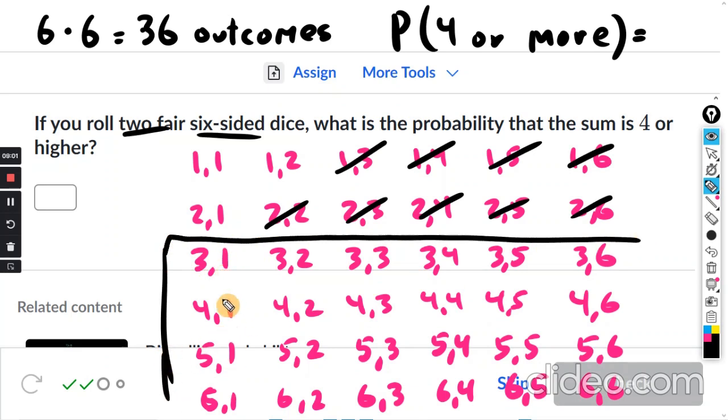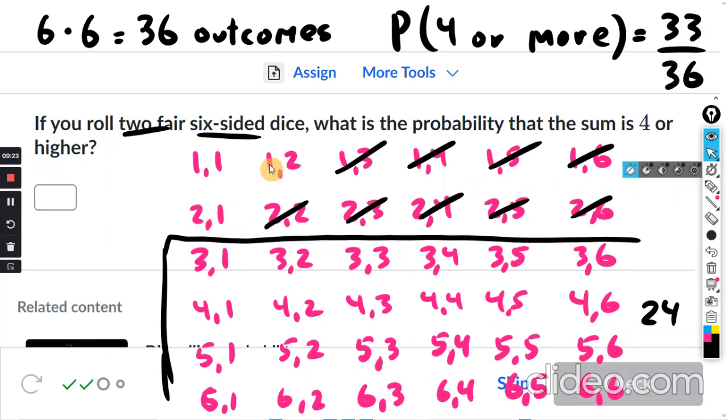Okay, so this is 4 times 6, which is 24, 25, 26, 27, 28, 29, 30, 31, 32, 33. 33 out of 36 will give you 4 or more. Okay, the only ones that won't are these right here. That's 33/36.